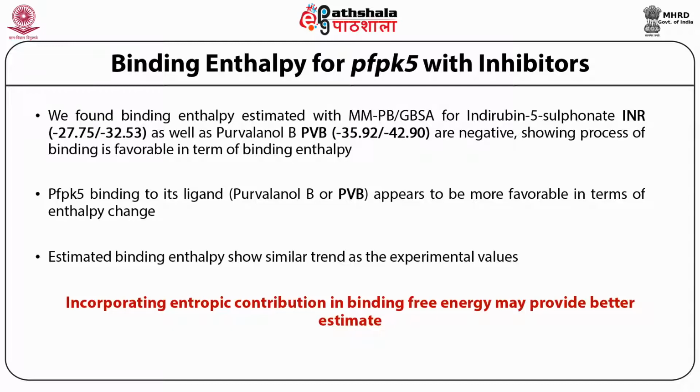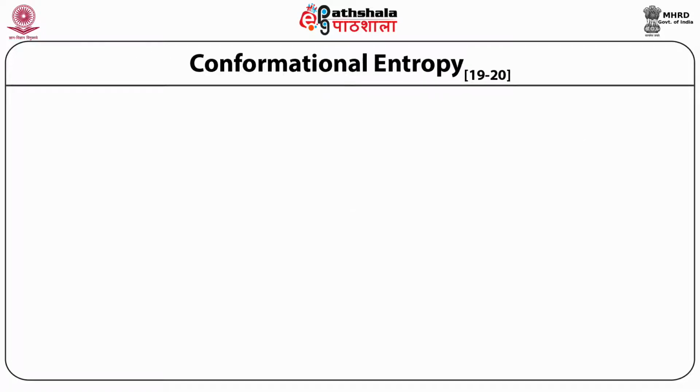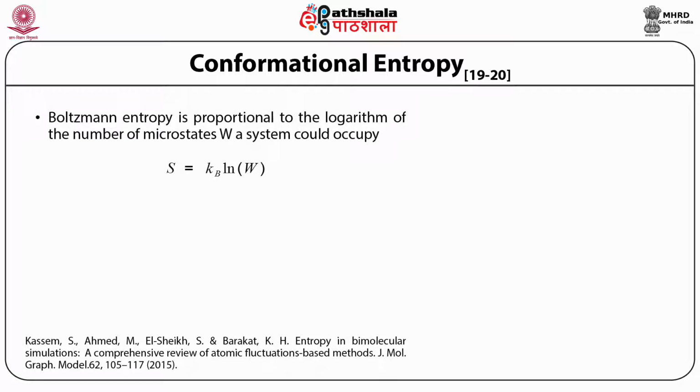So in the next few slides, I'll try to emphasize how one can go about the entropy calculation. What is the conformational entropy basically? It is called the Boltzmann entropy. This is proportional to the number of states the system can occupy.